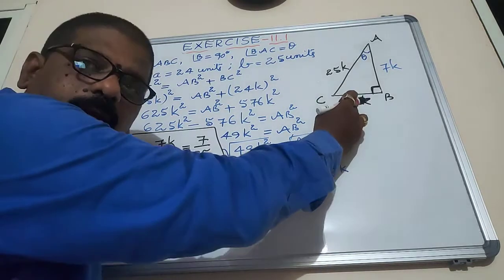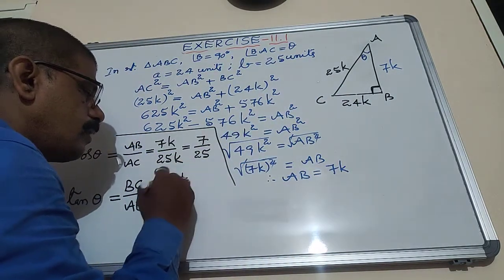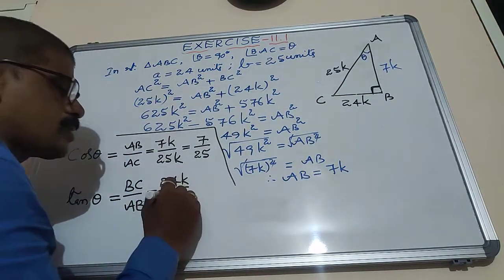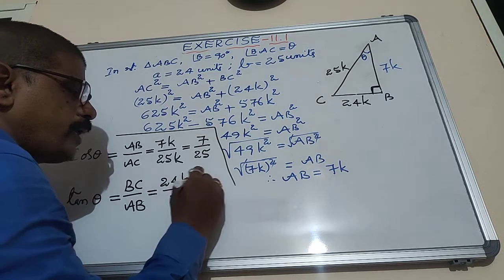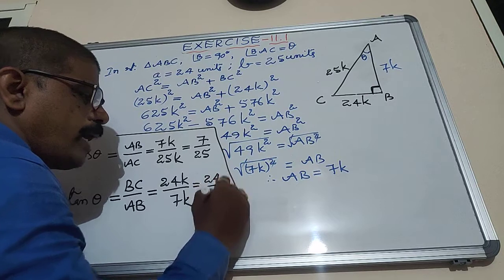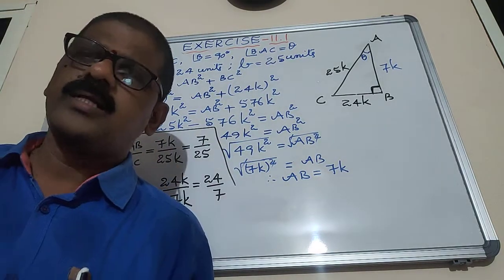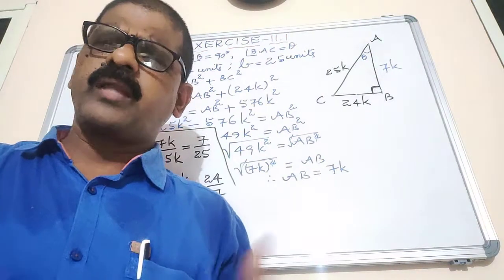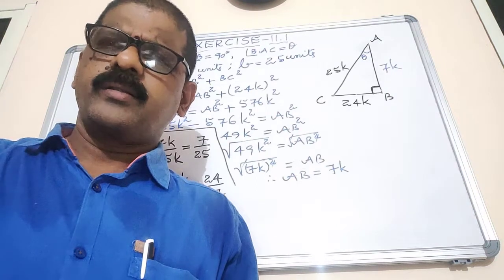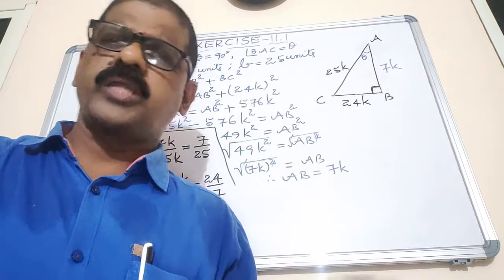BC indicates 24k, whole by the adjacent side 7k. k is cancelled. It will be 24 by 7. So now you have found cos theta and tan theta. Similarly, you can find cosecant, cot, anyone, according to Pythagorean identities or trigonometric ratios.